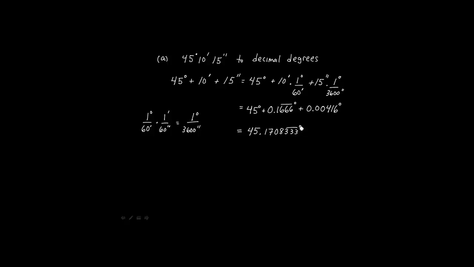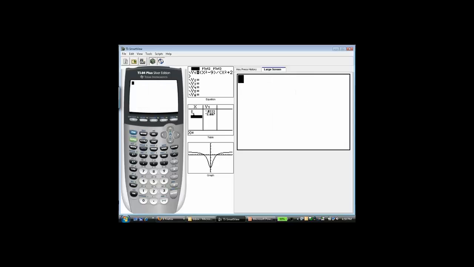By the way, there's an easy way to do this on the calculator. Want to see it? I thought so. From the home screen, you're going to type in 45, and then you see right above apps in blue it says angle. Press second apps, and then you have your notation there for degrees.